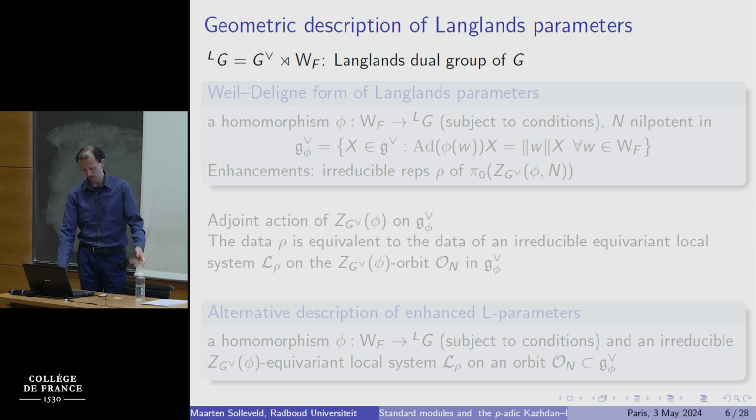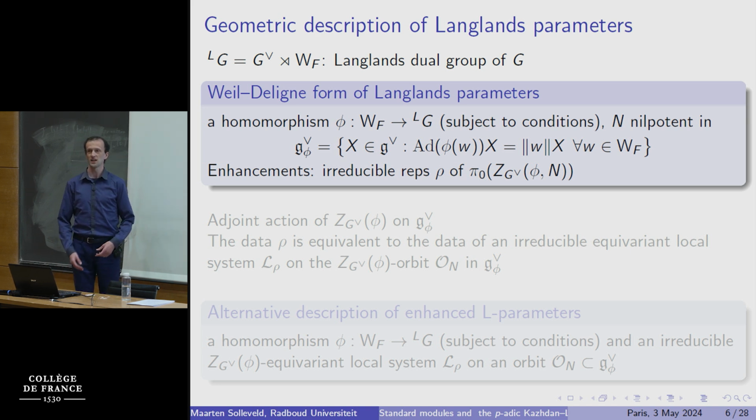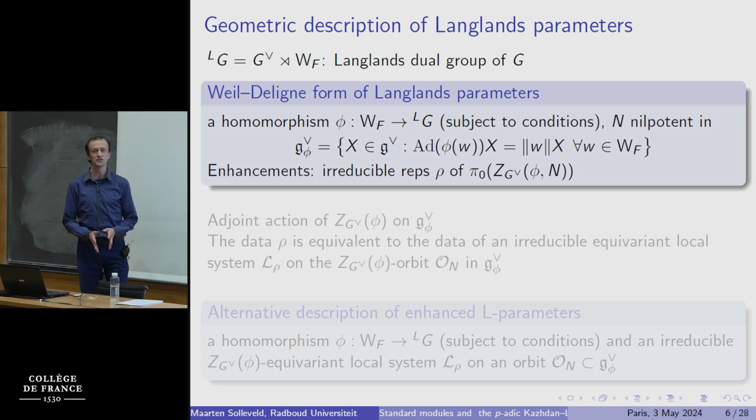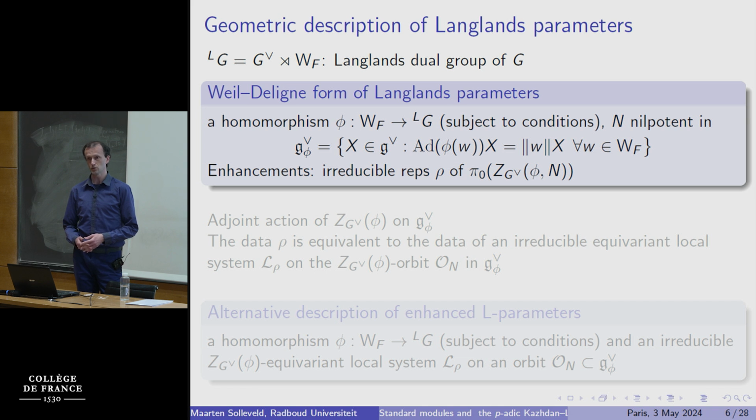So we take the Langlands dual group as usual, and in this setup for Langlands parameters, the most convenient formulation is to put them in the Weil-Deligne form. So you take a homomorphism from the Weil group to the Langlands dual group, and on top of this homomorphism you take one nilpotent operator.